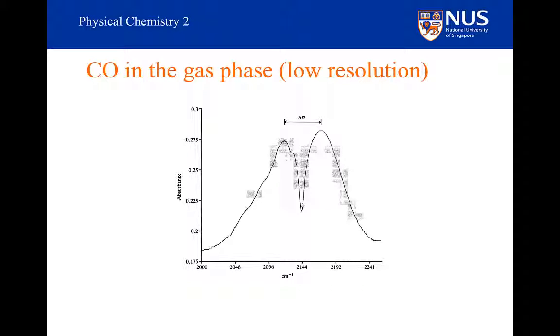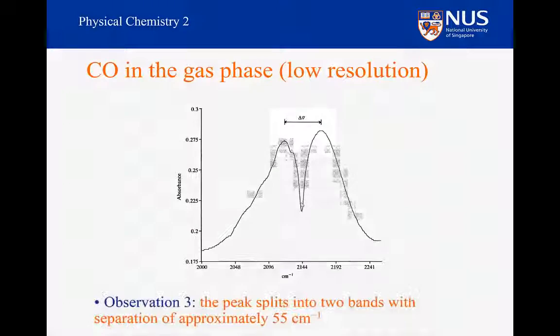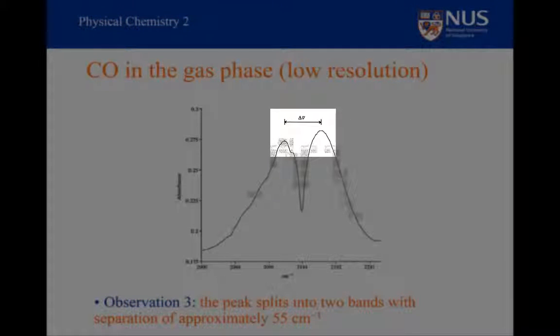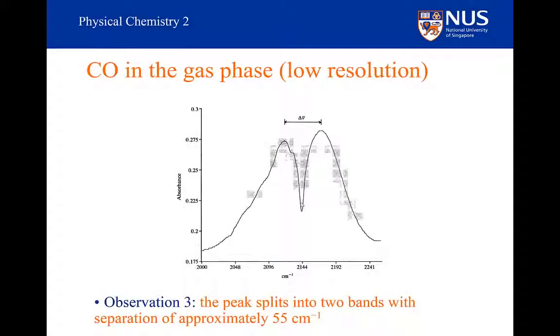But rather than a single band with one wavelength, we've got two bands appearing with a minimum in the center. The distance between the peaks of these two bands is about 55 wave numbers. So in the gas phase, our peak is being split into two bands with a separation that is approximately 55 wave numbers. Of course, we have instruments that measure at much higher resolutions.